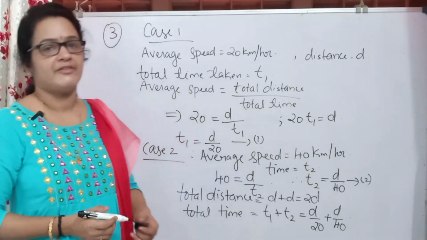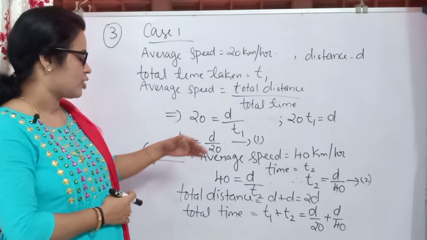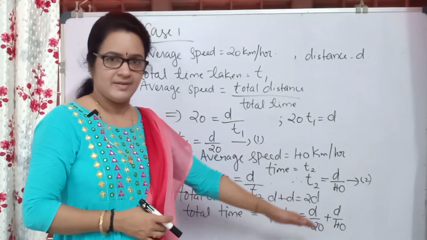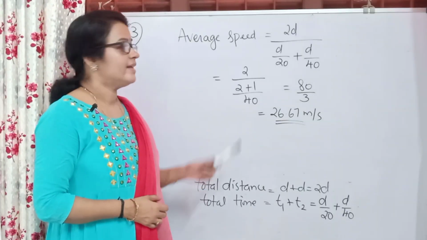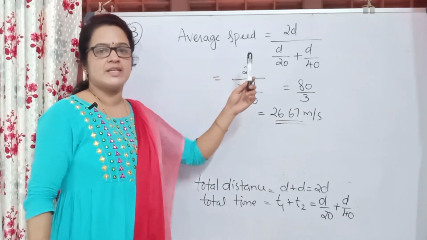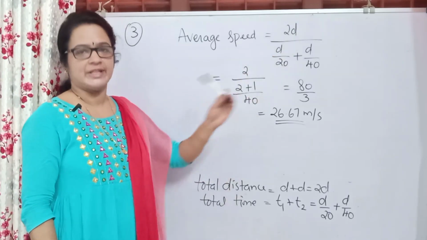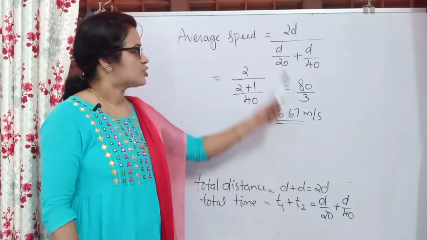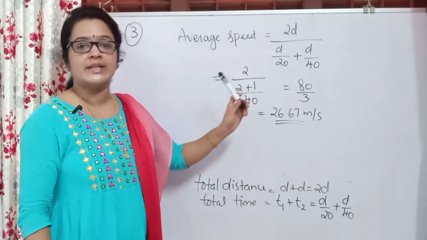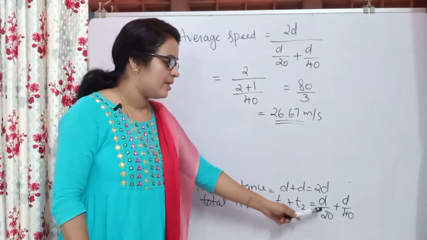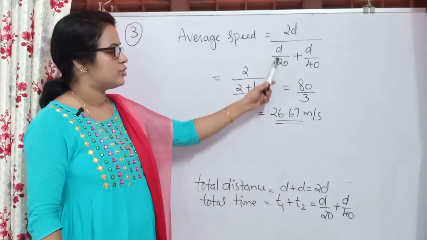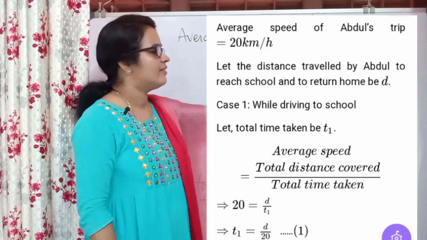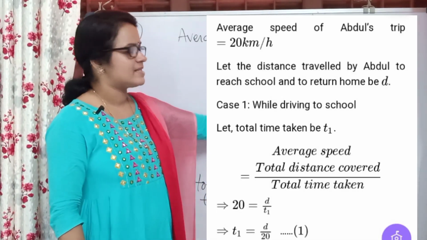Now we can find the average speed. The equation is total distance divided by total time. Total distance we have found as 2d, that is d plus d. So 2d divided by total time, that is d by 20 plus d by 40. So we get 2d divided by d by 20 plus d by 40.